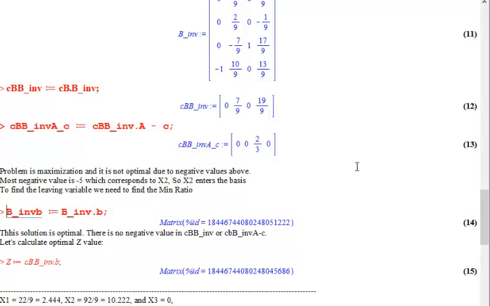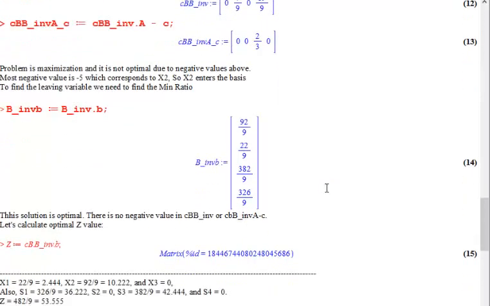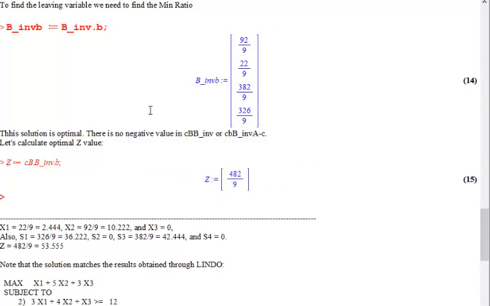As I have reached the optimal solution, I don't need to do any more min ratio calculation. I will be calculating the main numbers that I am interested in. B inverse B the solutions, and the z-value. So these are my optimal solution with this optimal XB.